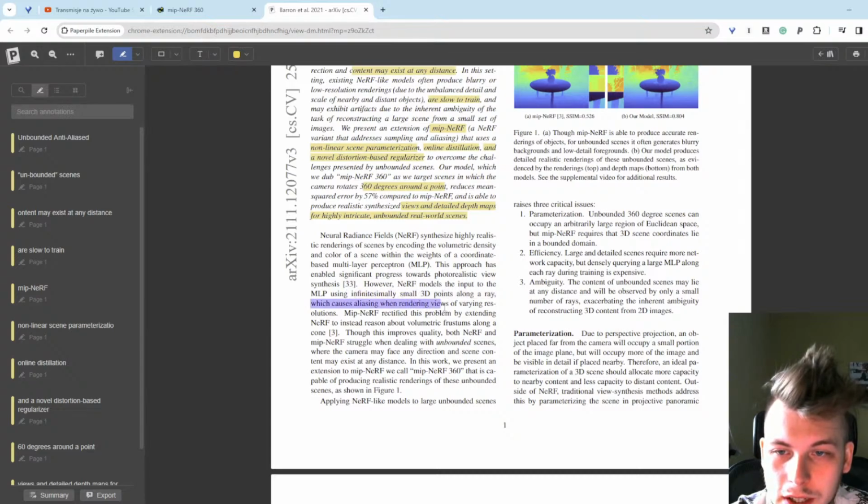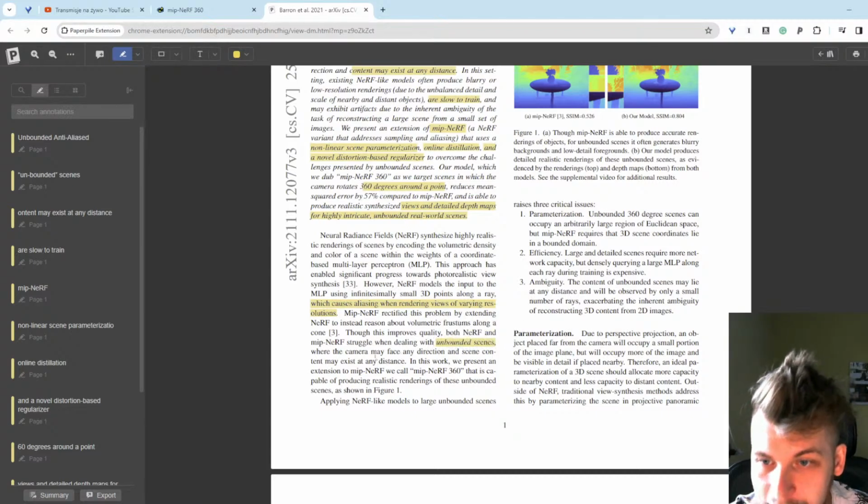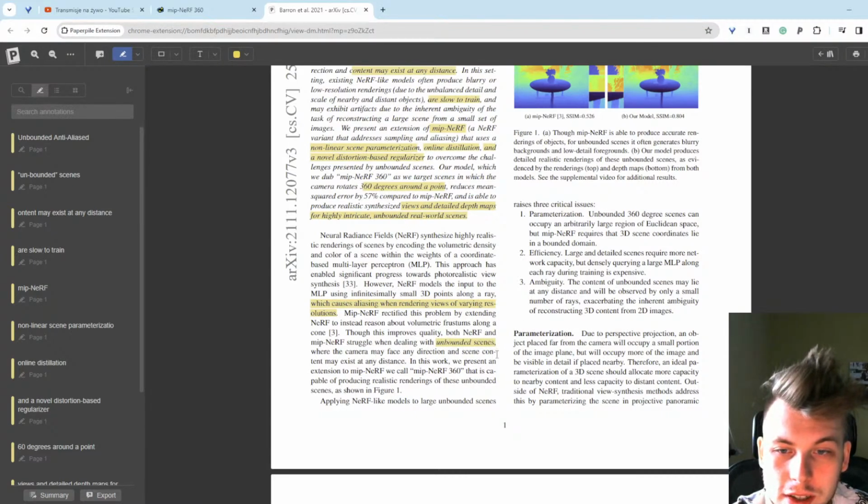This is basically the idea they figured out in Mip-NeRF, where instead of rays they use cones. Exactly. But they both struggle with unbounded scenes, so that's what they're planning to solve here, where the camera may face any direction and the scene content may exist at any distance, right?